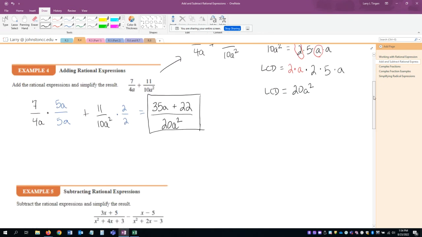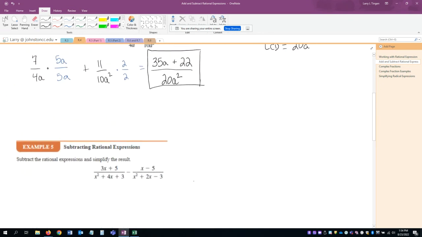How about example 5? Okay, example 5 has quite a bit more work, but I think we're going to be okay. So subtract the rational expressions and simplify the result. So I have what going on here?